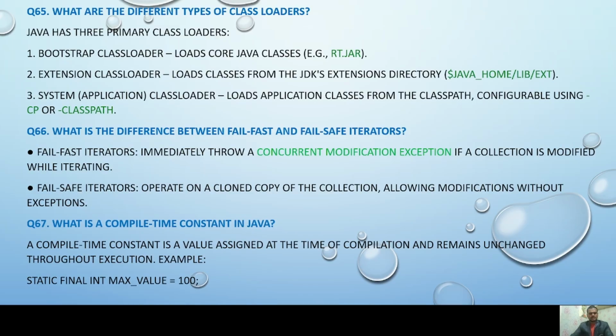Next question. What is a compile time constant in Java? A compile time constant is a value assigned at the time of compilation and remains unchanged throughout execution. Example, static final int MAX_VALUE is equal to 100.